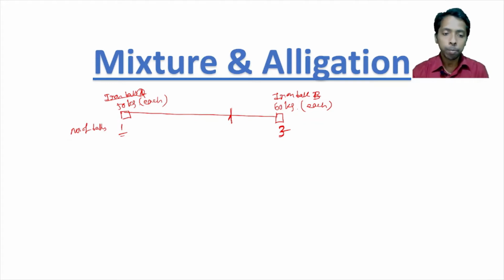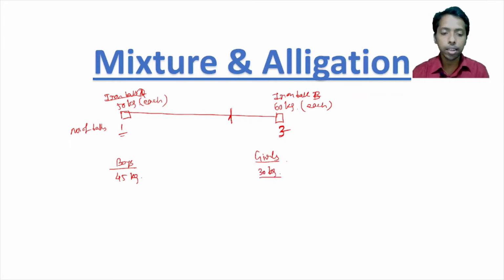Now if we extend our concept here, in a class some boys are there and some girls are there. So here are boys and here are girls. The weight of each boy is 45 kg, each girl's weight is 30 kg.